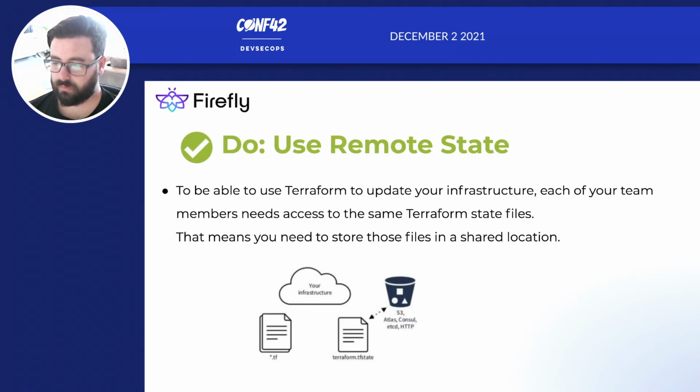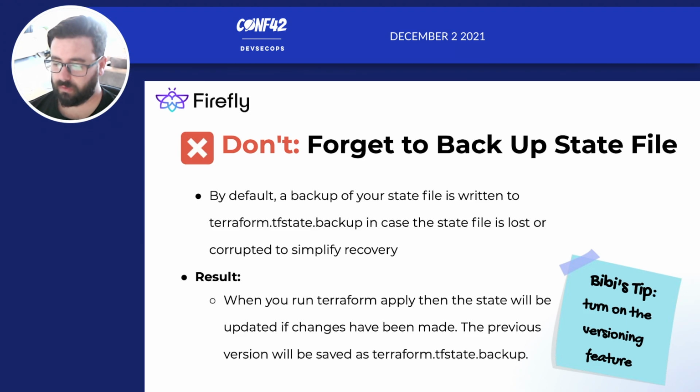And this takes me to the next point: you need to make sure you are backing up the state file. Because the state file is so crucial to having a healthy Terraform deployment, you need to always keep a backup of it.